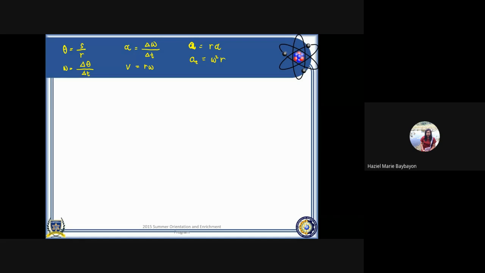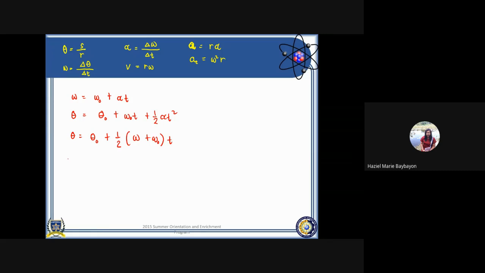And then we also have the kinematics equations, class. Equation number 1: omega is equal to omega naught plus alpha times time. And then you have theta is equal to theta naught plus omega naught t plus 1/2 alpha t squared. And then you have theta is equal to theta naught plus 1/2 times omega plus omega naught times time.